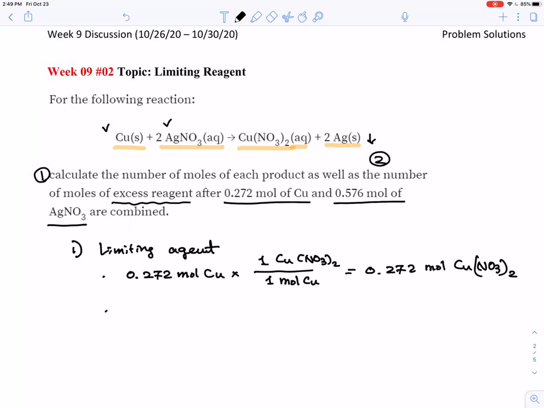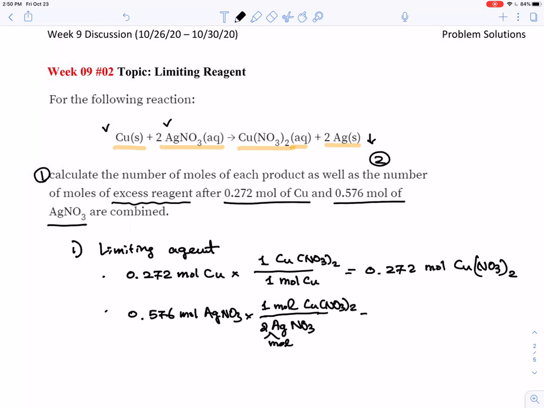And what about the other case? If the 0.576 moles of AgNO3 are all consumed, from that equation, 2 moles of AgNO3 react to produce 1 mole of Cu(NO3)2, based on the stoichiometry.